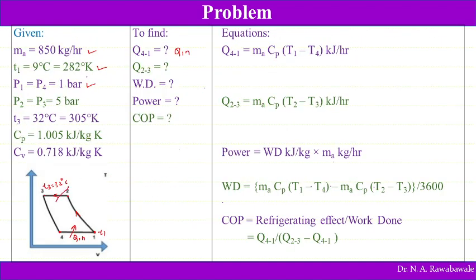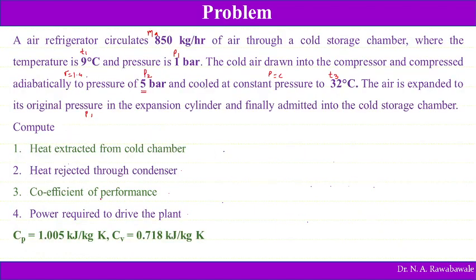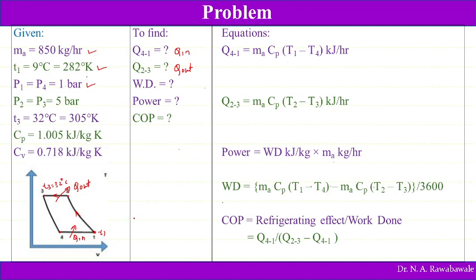Here heat is rejected at constant pressure, Q out, that is nothing but Q23. Then the work done, the power required to run this refrigeration system, and the coefficient of performance of this refrigeration system.